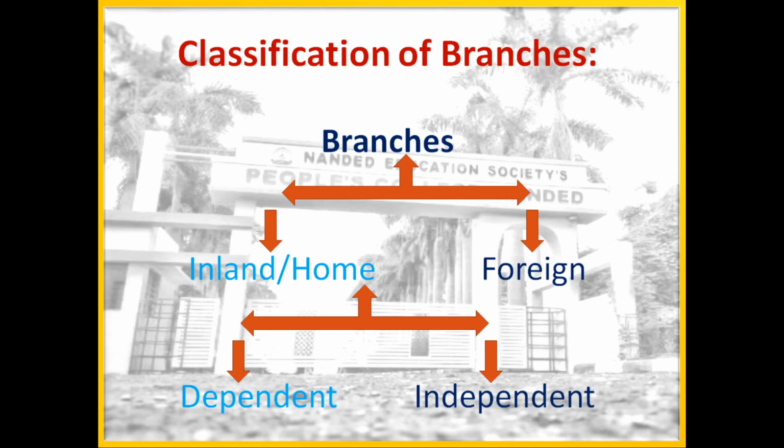Number fourth, daily cash proceeds, for example cash sales, cash collection from debtors, etc., are deposited into the head office account opened in a local bank. Number fifth, all branch expenses of regular nature are paid by the head office by sending cheques.